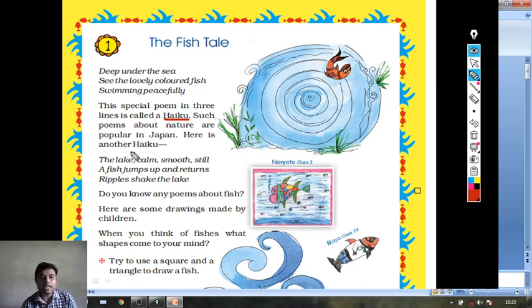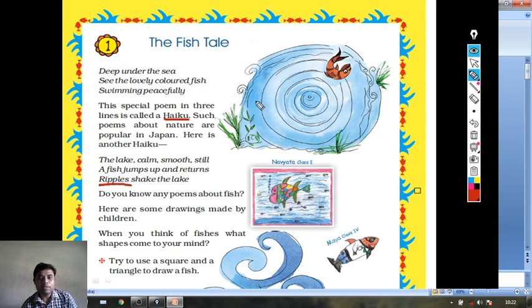Here is another haiku. The lake comes smooth, still, a fish jumps up and returns, ripples the sea. What does this say? The water of the lake is calm, smooth, still. A fish jumps up and returns to the water, and ripples shake the lake.